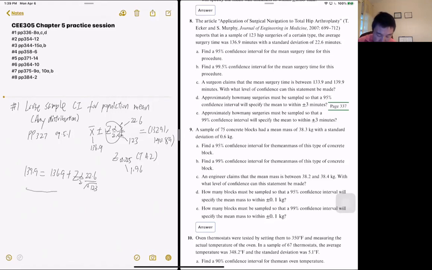Based on this equation, we can calculate z half alpha, which is 1.47.